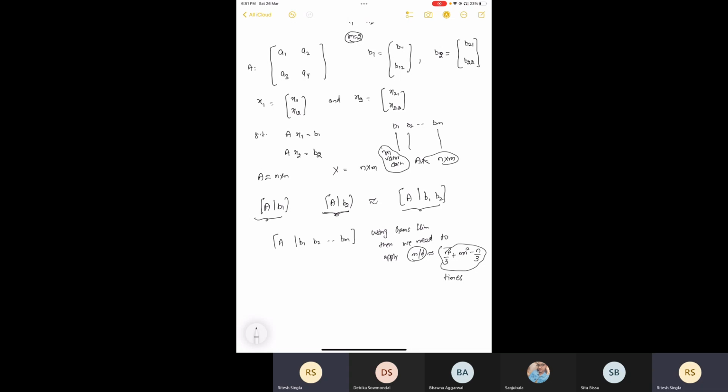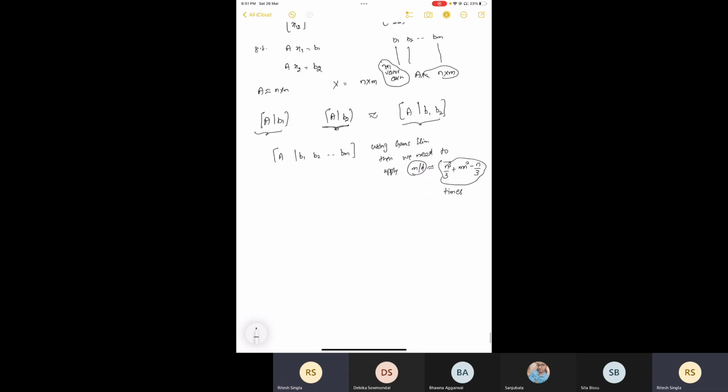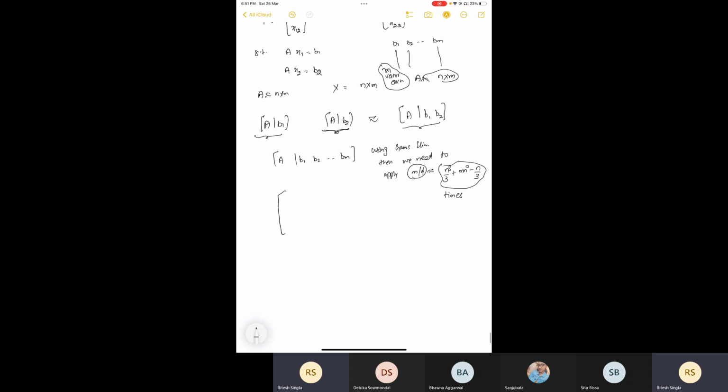Suppose this is your case: A1, A2, A3, and A1, A4, A5, and A1, A6, A7. You don't need to multiply, you just need to subtract: R2 minus R1, A4 minus A2, A5 minus A3, A6 minus A2, A7 minus A3, right?